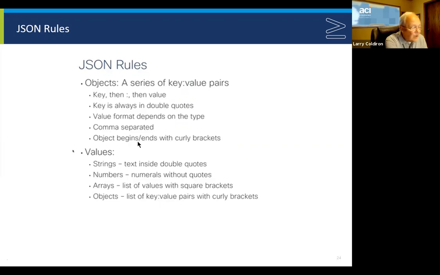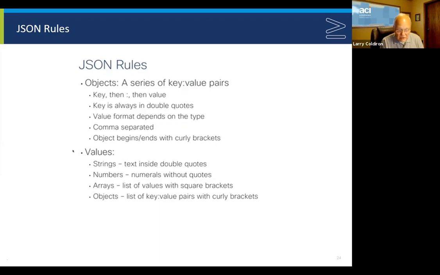I'm going to try to put all these together with some images and examples in just a second. The values, whether they're in quotes or not: string values, characters, text inside of them are in double quotes. Numbers, numerals, are without quotes. Arrays are going to be in square brackets and objects are going to be in curly brackets.